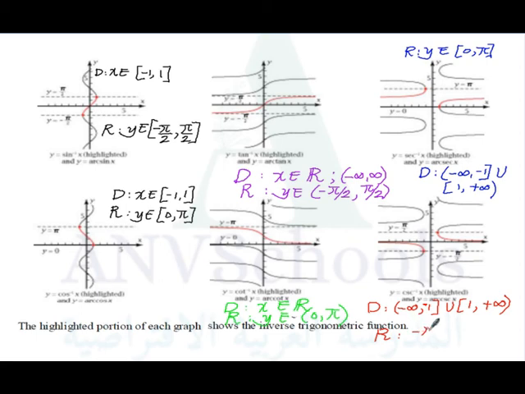Okay, negative pi over 2, and then it has an asymptote at 0, union 0 to pi over 2. Okay, so this is the range of the cosecant function.